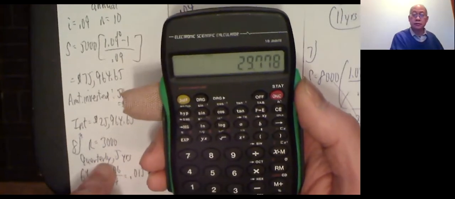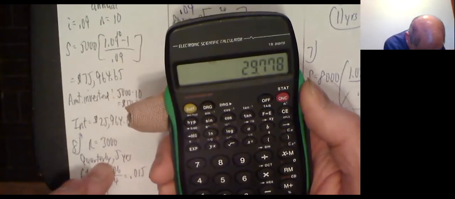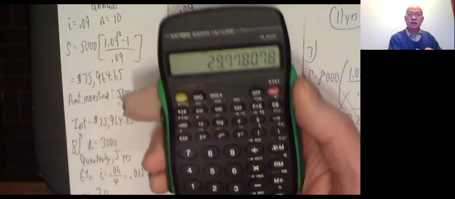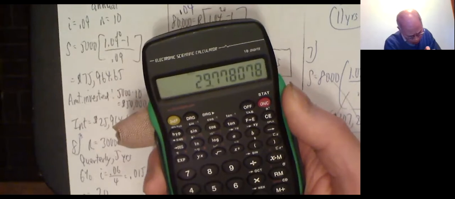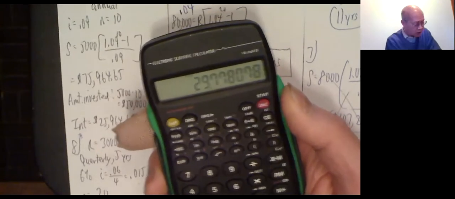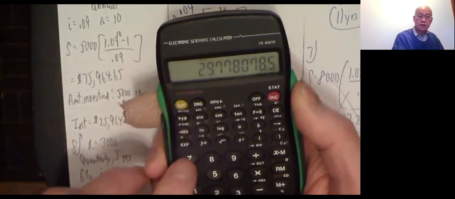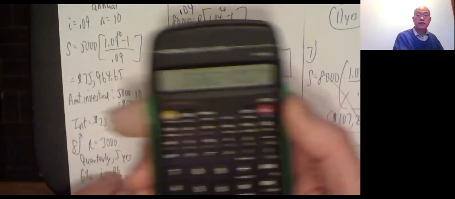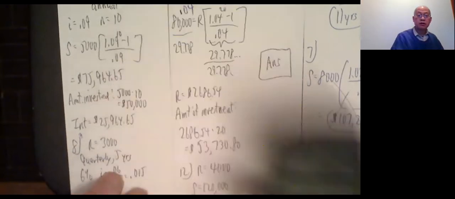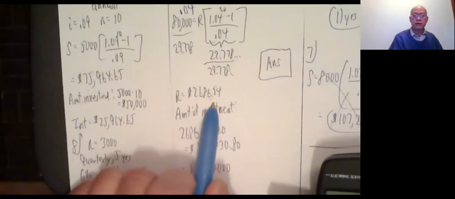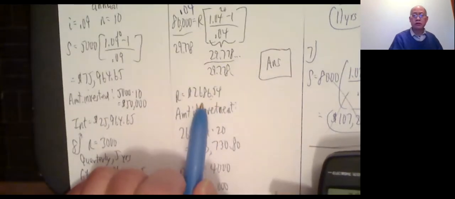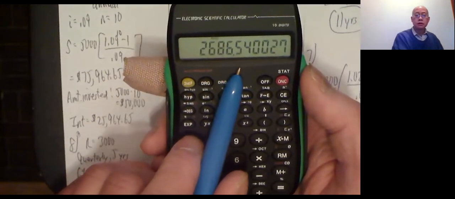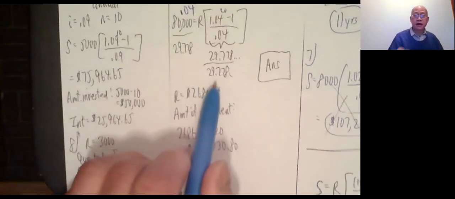So everybody can do this, by the way. Very tedious. And there it is: 2686.54. So everybody can do that. You could type all these digits out.